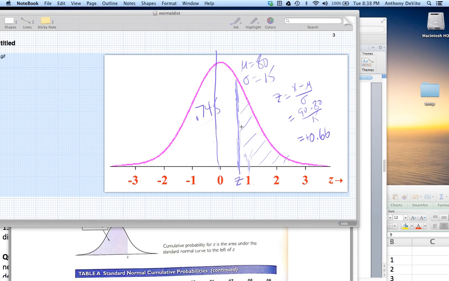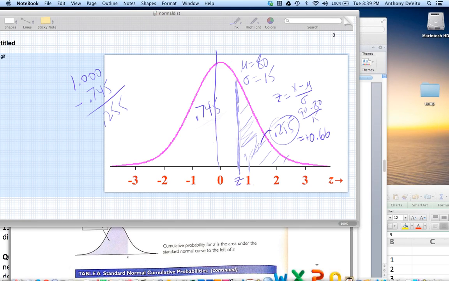So the area in here is 1 minus 0.745, or 0.255. In other words, 25.5% or 0.255 is the area that's in there.